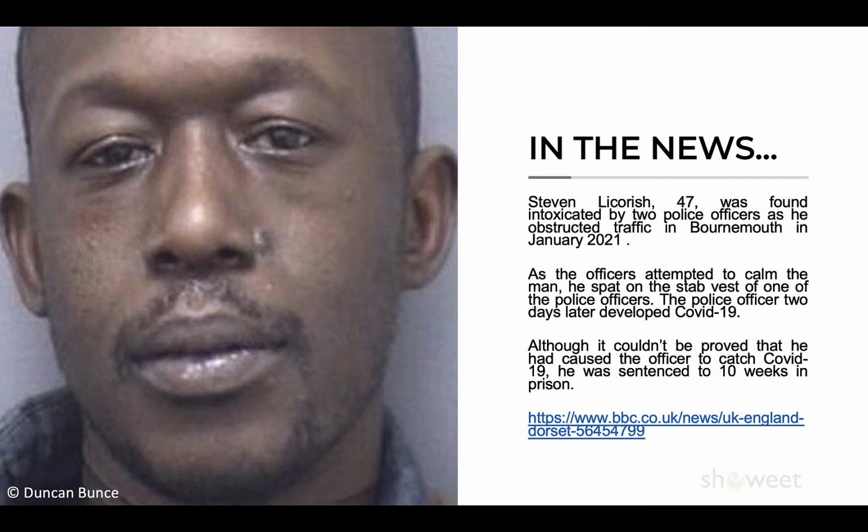In the news very quickly, Stephen Licorice, 47, was found intoxicated by 2 police officers. This is back in January 2021. This was obviously at the height of COVID-19. Now, as the officers attempted to calm the man, he spat on the stab vest of one of the police officers. The police officer, unfortunately, a few days later developed COVID-19.